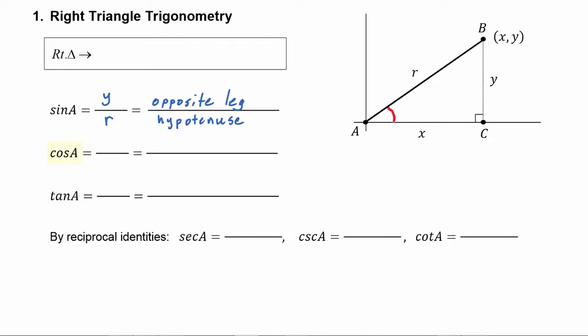Cosine of angle A, by using our trig definitions, we know is x divided by r. Now, relative to angle A, x would be the adjacent leg. Once again, r is still the hypotenuse.